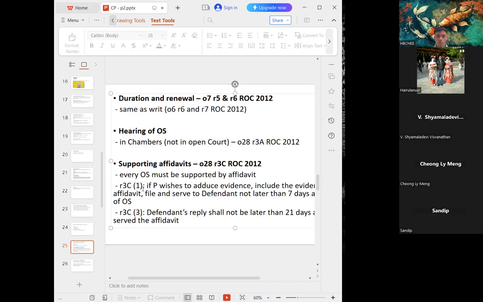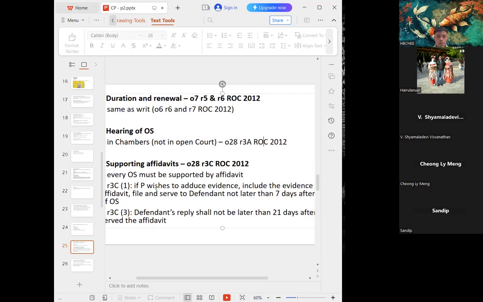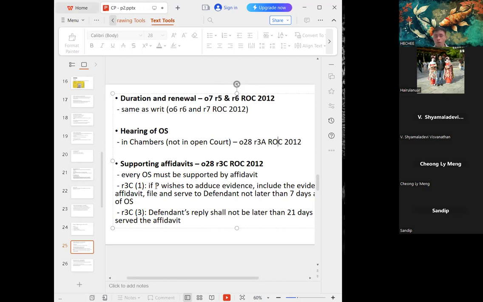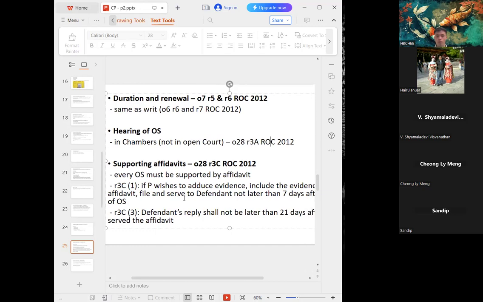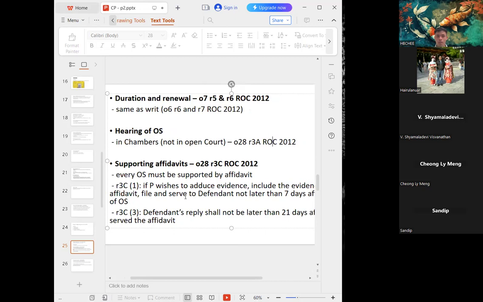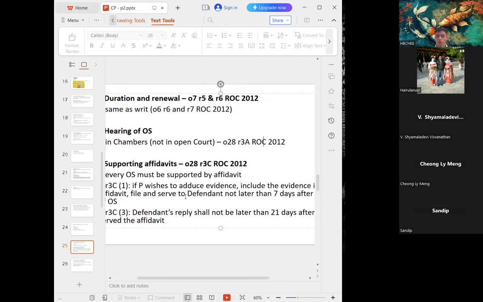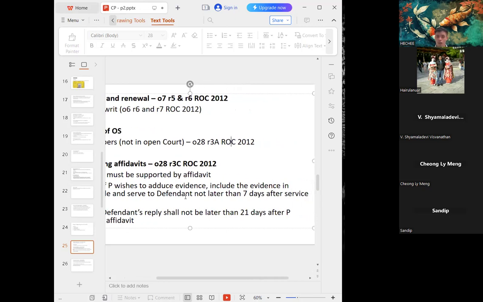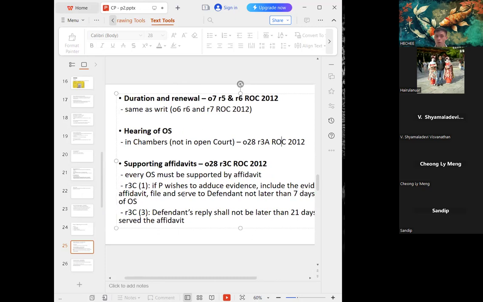The OS itself is by way of the OS action, everything is done by way of affidavit. So in your affidavit, if you want to put in evidence, you must file and serve it on the defendant not later than 7 days after the service of the OS.